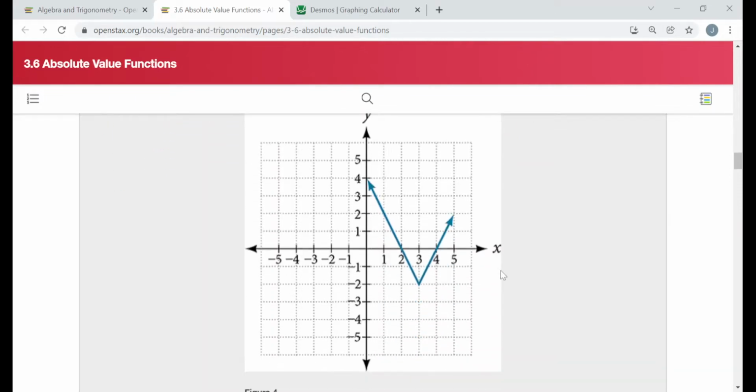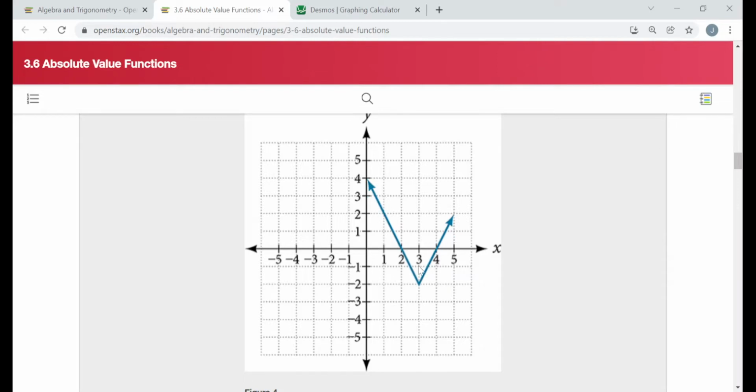This is very closely related to what I've done in the previous couple videos on function transformations. What we see here is one of those absolute value of a linear function graphs, one of those V-shaped graphs.